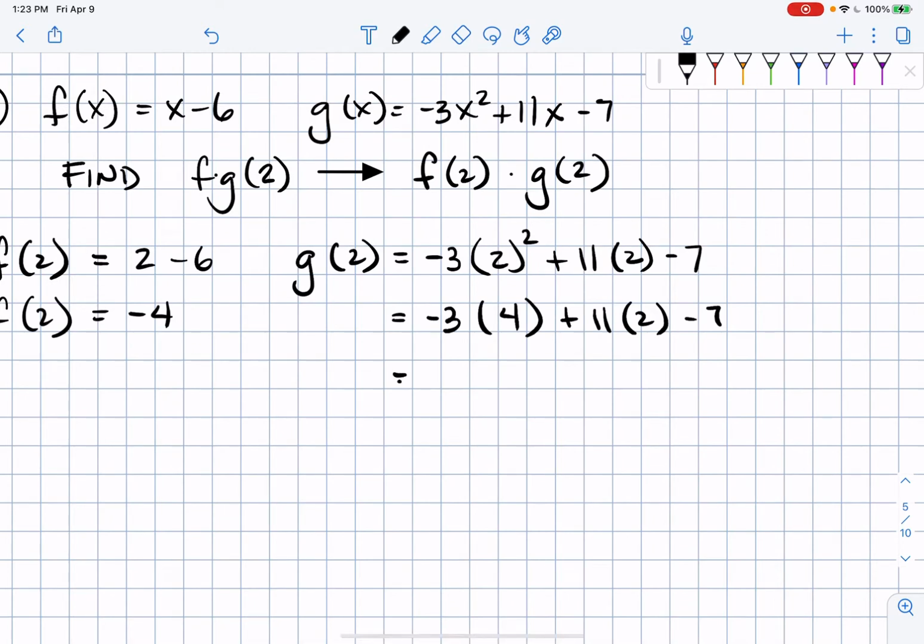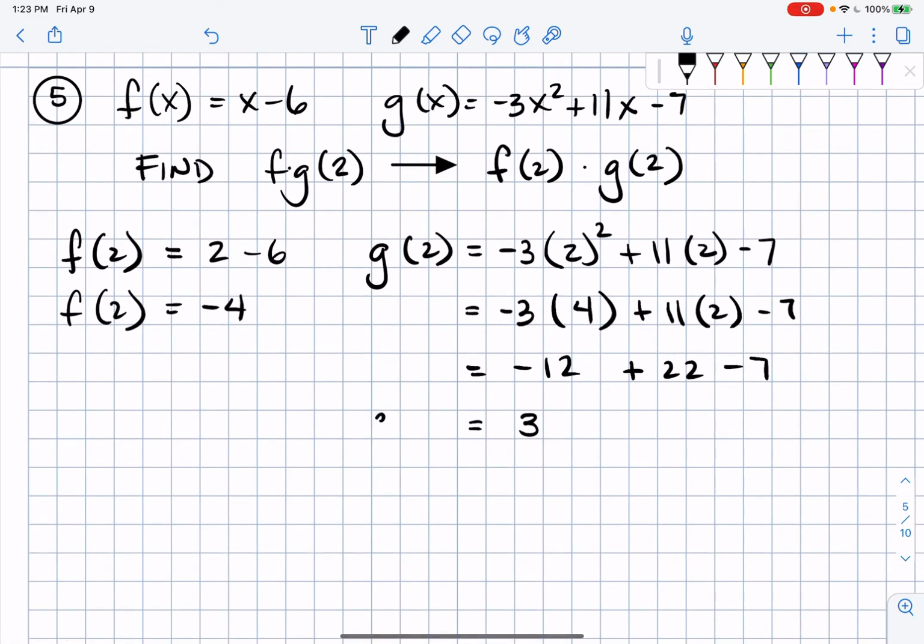So I'm going to have a negative 12 plus a 22 minus 7. So what's that going to equal to? 10. So that's going to be what, 3? All right. So g of 2 is 3.